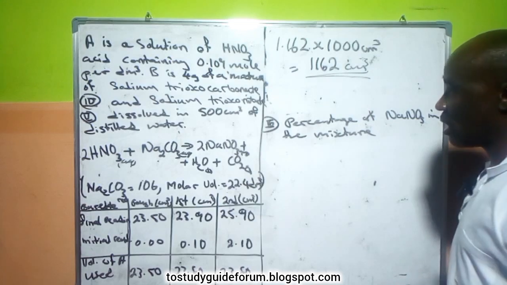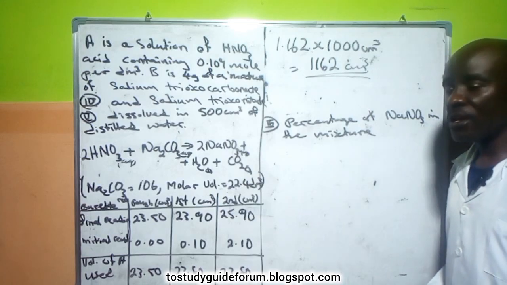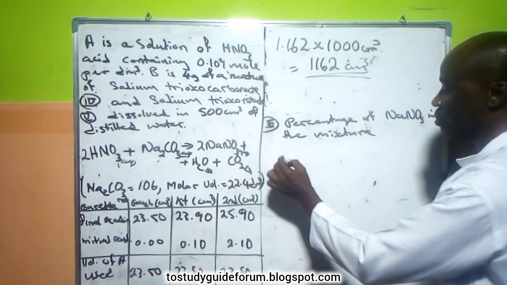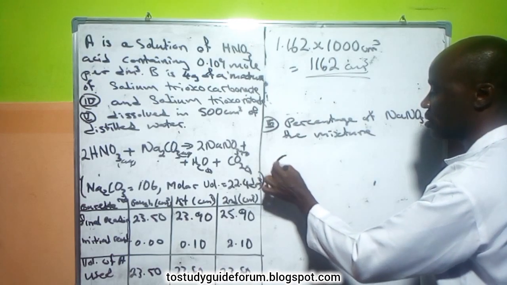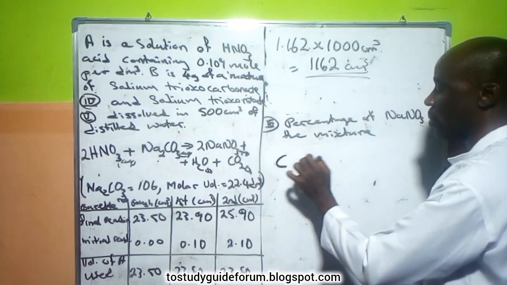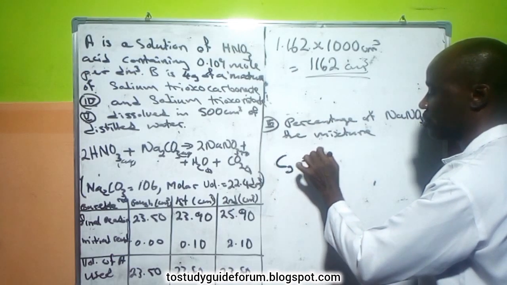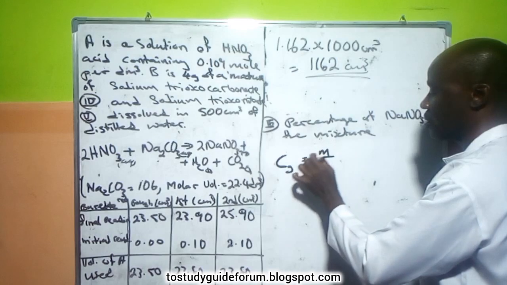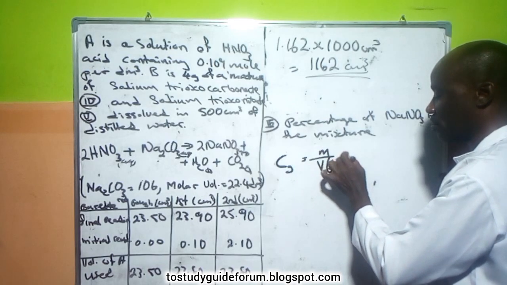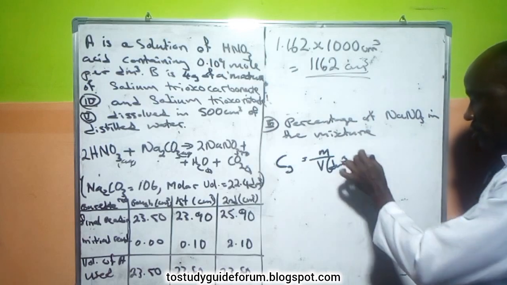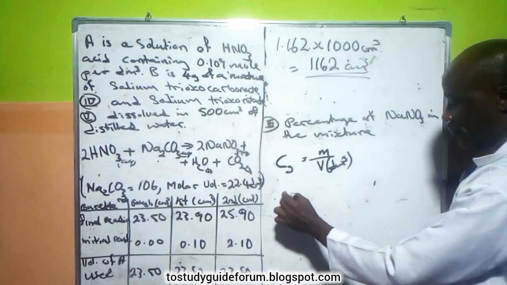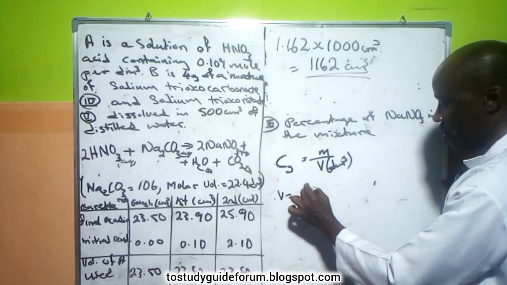So what we are going to do now, you need to find out what we have in 1000 cm cube or 1 dm cube. So we know that concentration in grams is always mass over what? Volume. Where this volume must be what? In dm cube. The volume must be in dm cube. So the first thing we do, the volume will then be 5.